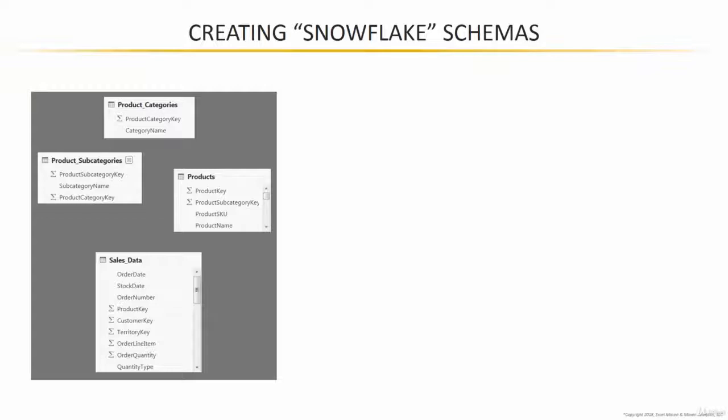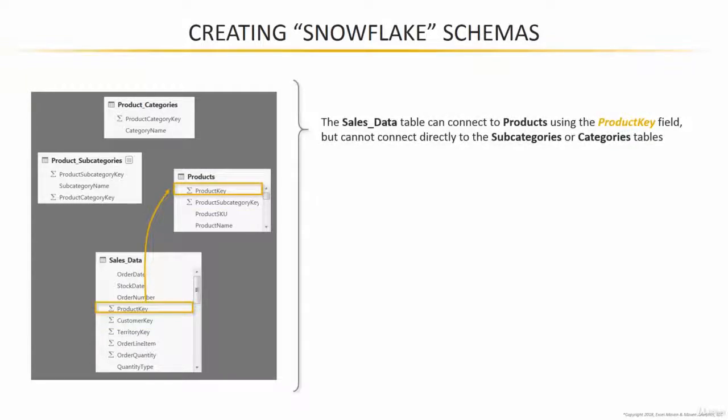Now, here's the thing. The sales data table can connect to products using that product key column, but we have no means of connecting the sales data directly to either subcategories or categories because we don't have any foreign key that can map to one of the fields in those tables.